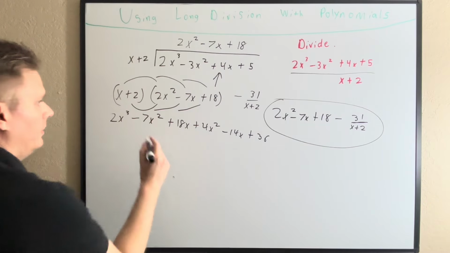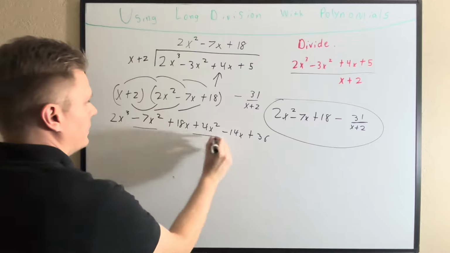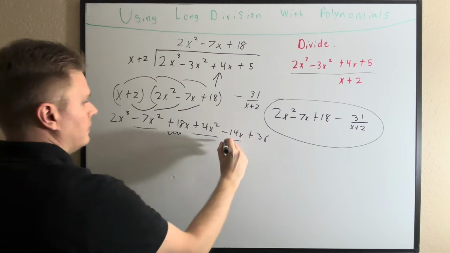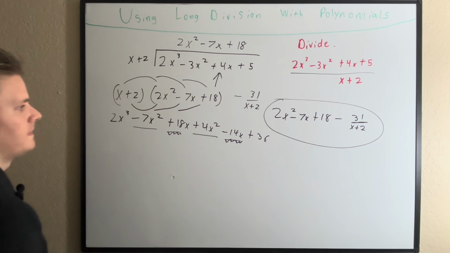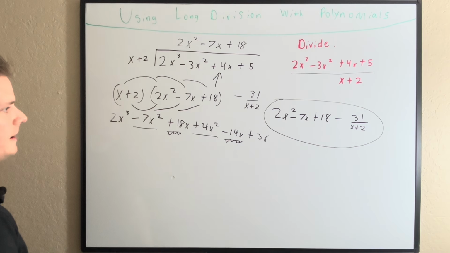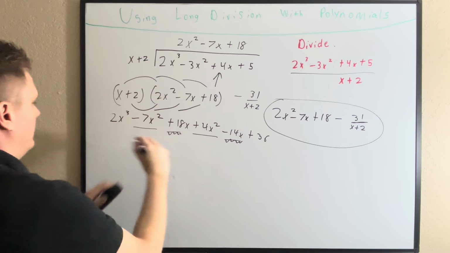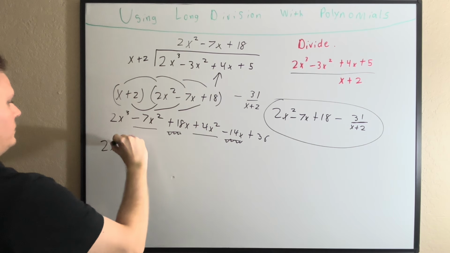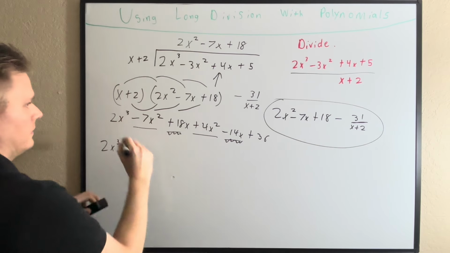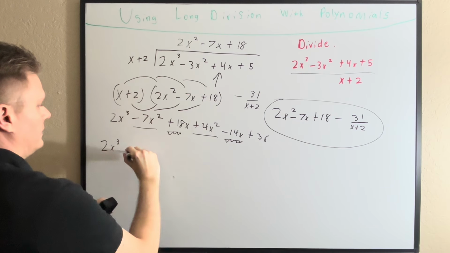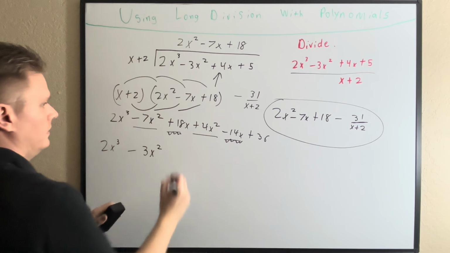Now what? Well, we got to combine like terms, right? We got like terms there, there, and there, and there. Use different marks to mark up which are like terms and which aren't. So let's do 2x cubed first. Bring that down. Negative 7 plus 4 is negative 3x squared.